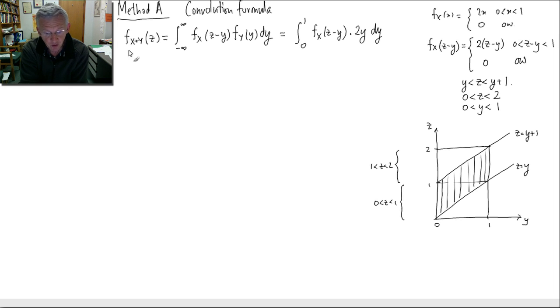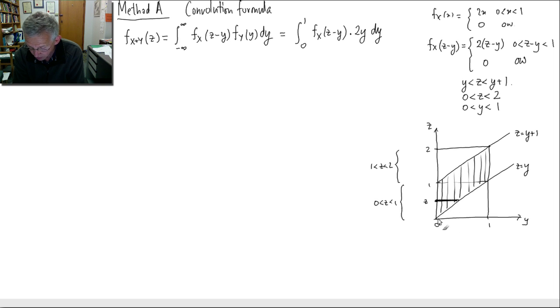You can see this formula here tells me the size of the density of x plus y at a fixed z. So it's telling me the value for a particular value of z. And when I evaluate the limits here, the limits I put in will have to reflect the particular value of z that I'm using. So you can see that if z lies between 0 and 1, then I can replace f_X of z minus y by 2 times z minus y, provided y lies between, let's say that's my z value, between 0 and 1, then y will have to lie in this region along here.